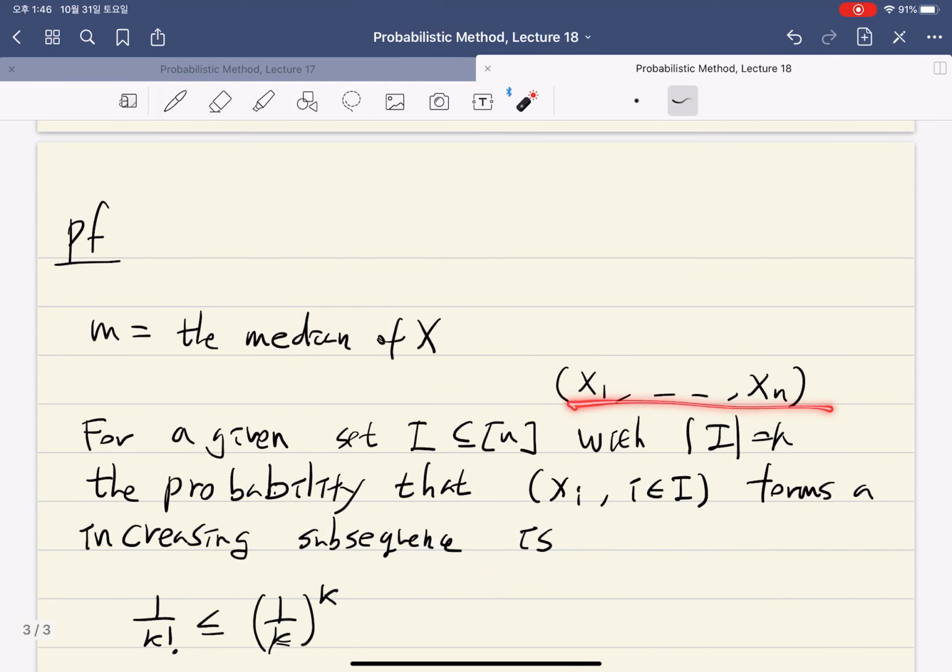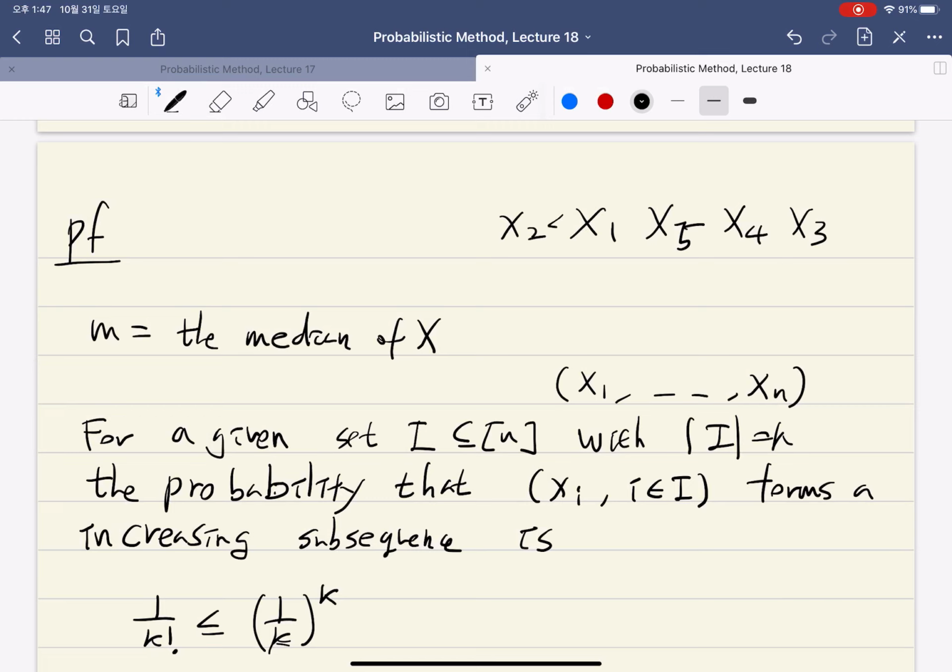So we are only considering which one is bigger and which one is smaller. We take this and list them in order, from the smallest one to the biggest one.